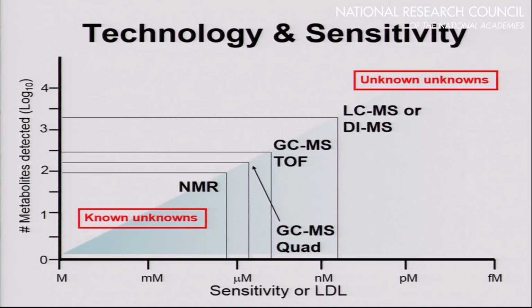So we're looking at what's sometimes called the unknown unknowns. With the less sensitive techniques, in fact, we can measure the known unknowns. So in NMR, we're sort of in a safe space. The things that we're detecting have already been characterized and therefore can be explained and understood.